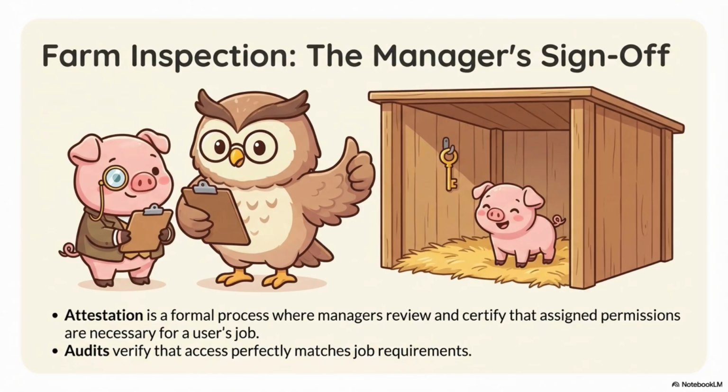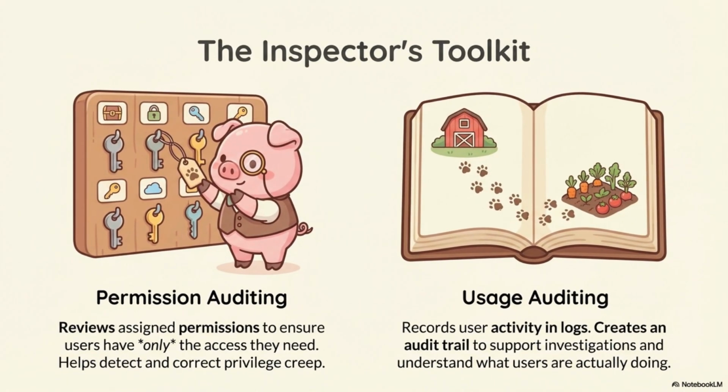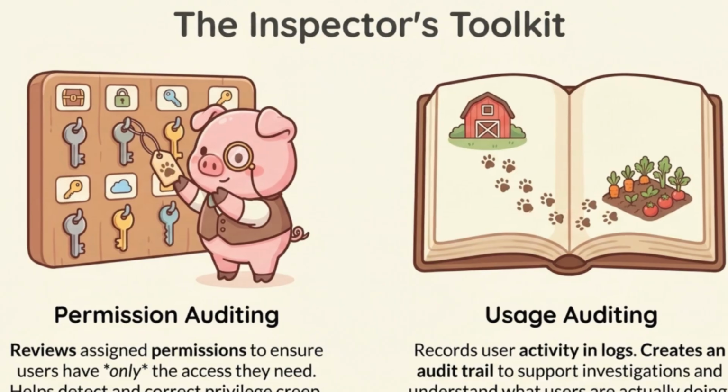Attestation is a formal process where managers review and certify that assigned permissions are necessary for a user's job responsibilities. Usage auditing records user activity in logs and supports investigation and audit trails. Permission auditing reviews ensure users have only the access they need and help detect privilege creep.